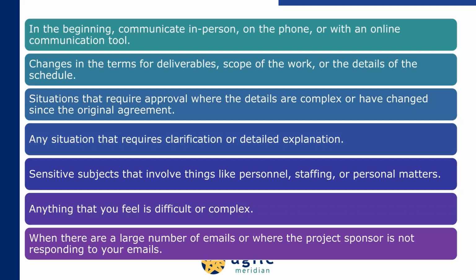Sensitive subjects that involve things like personnel, staffing, or personal matters. Anything that you feel is difficult or complex. A situation we refer to as email overload, where there are a large number of emails or where the project sponsor is not responding to your emails. For more information, see the example in the course book.